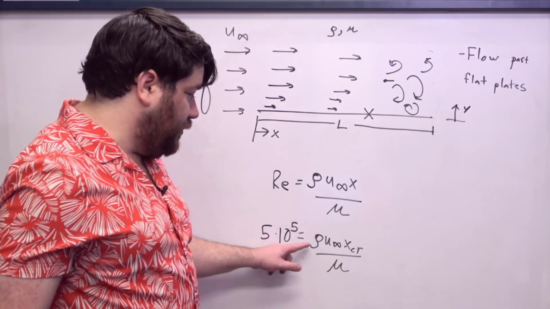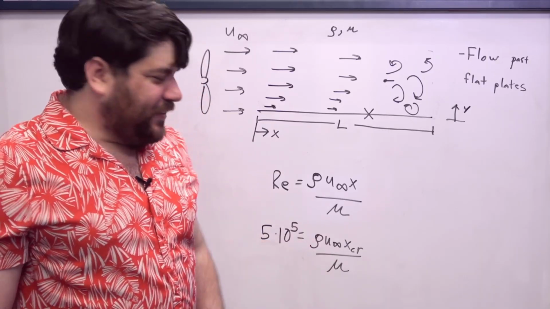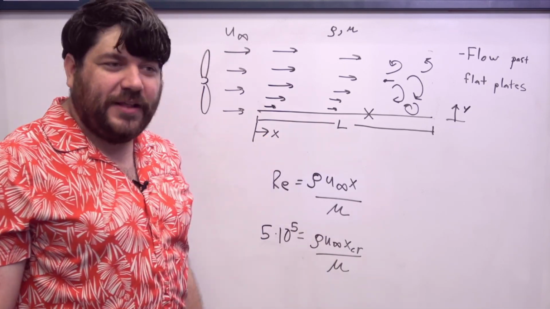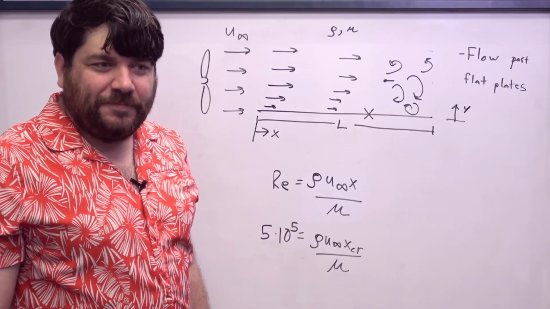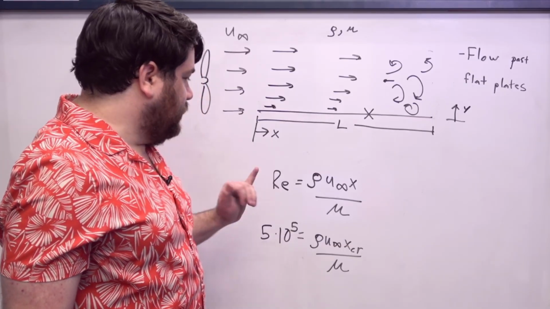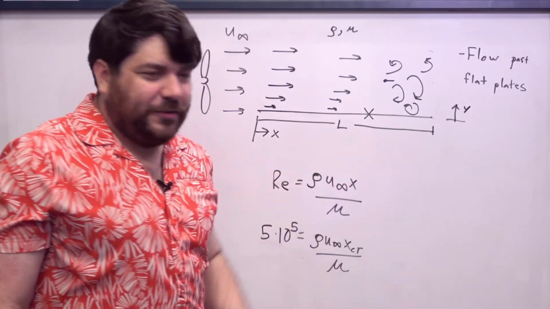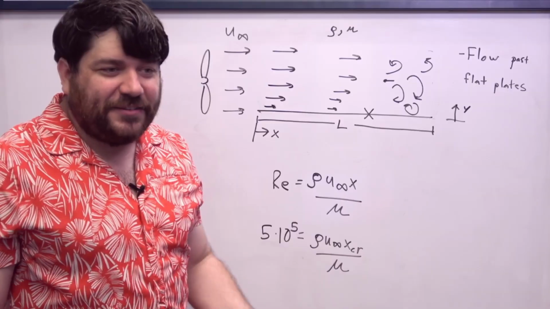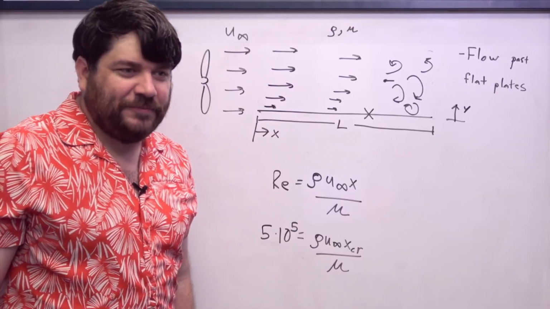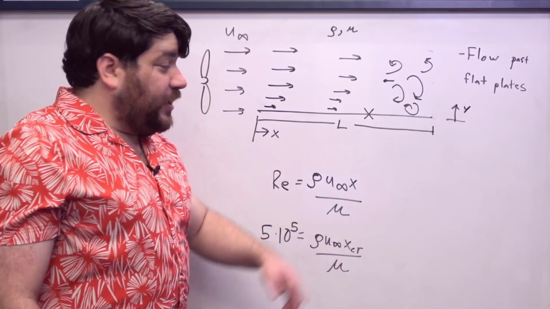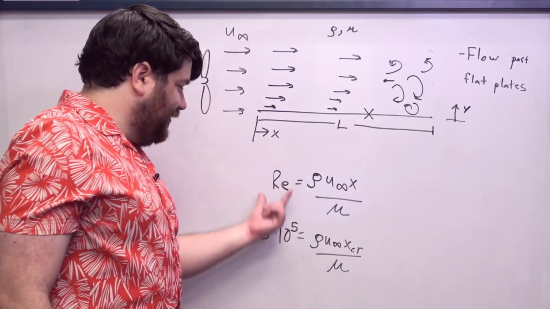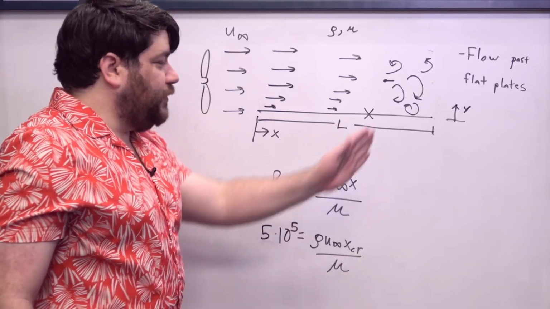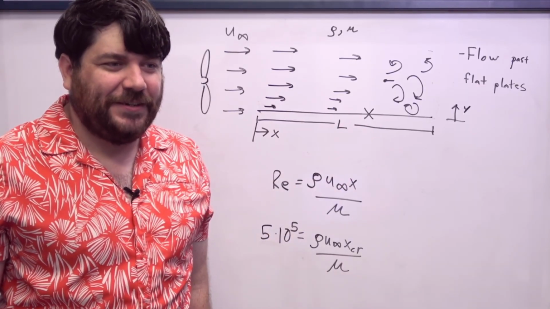Assuming that you know everything here except that x value, you can find at what distance from the leading edge of the flat plate the turbulence occurs. And you can replace this x with the length of the whole plate to see whether or not the Reynolds number even ever gets larger than 5 times 10 to the 5. Because if the plate is not long enough to trigger this 5 times 10 to the 5 transition, then the flow is laminar over the entire plate, right?